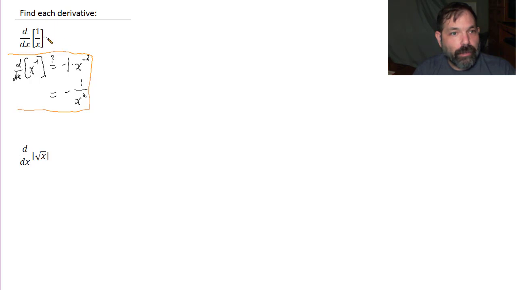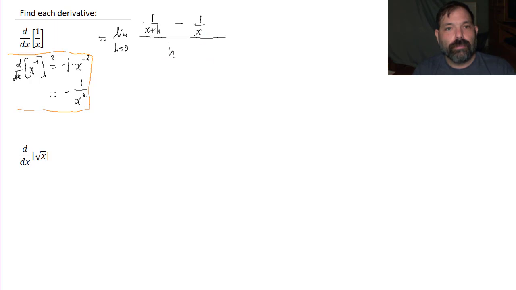All right, so if 1 over x is our function, then its derivative would be the limit with h approaching 0 of 1 over x plus h minus 1 over x, over h. So this is a complex fraction.